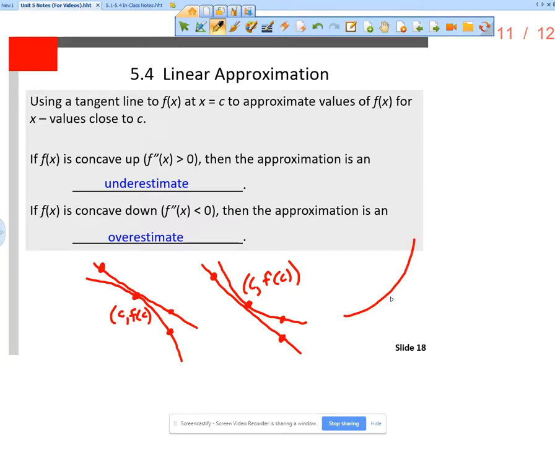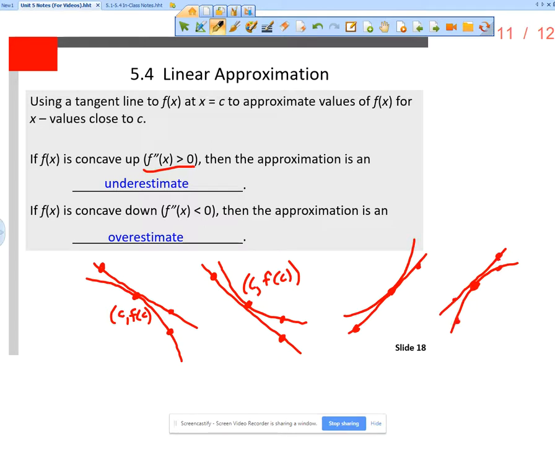Well, if it's increasing but it's concave up, notice the tangent line is under the curve. So concave up, like this, f double prime greater than 0, would lead to an underestimate. Increasing but concave down would mean that the tangent line is above the curve and would lead to an overestimate.